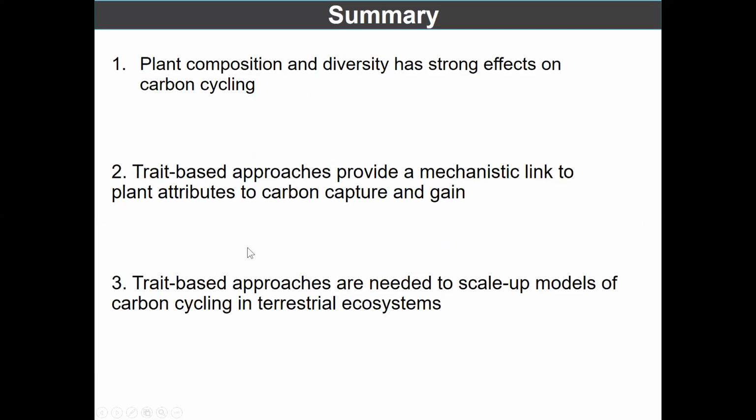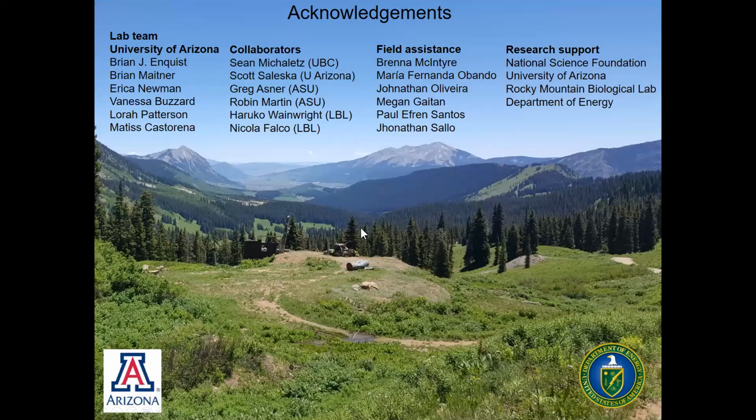And I showed you how we need to use trait-based approaches to develop scale-up methods that allow us to predict how carbon cycling is gonna change in terrestrial ecosystems. So with that, I'll be happy to take any questions.